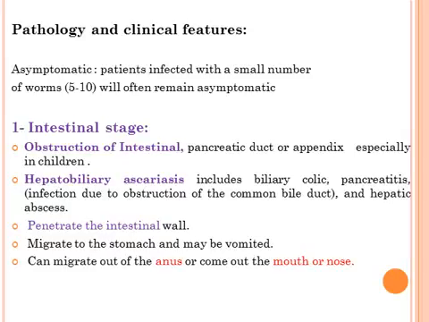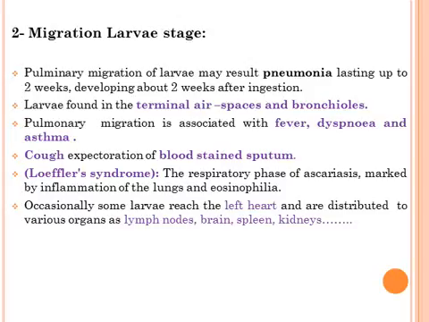Adults can penetrate the intestinal wall, migrate to the stomach, and may be vomited, because a large number of adults can migrate to the stomach, or some of them can migrate out of the anus or out of the mouth or nose.